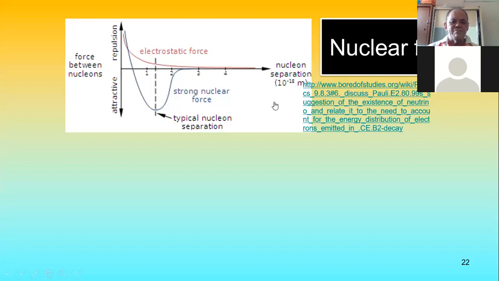Okay, we can see roughly one representation. The red one is the electrostatic force, and the blue one is the nuclear force. So you can see that this is the separation. At 2 times the separation, or 2 times the diameter, it becomes very small already. At 3 times, it disappears completely.